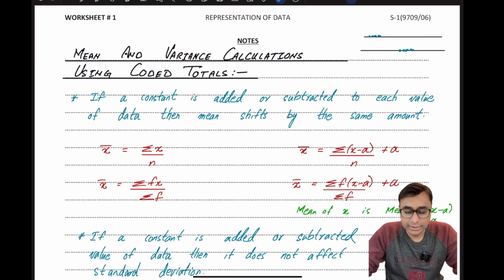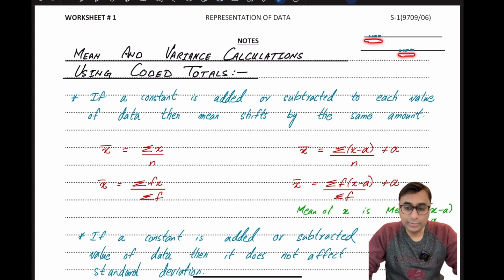Now the other thing that I would want you to note by this number line is that if a constant is being added to every value of data, the scatter of this data about its mean is the same as the scatter of this new data about its own mean, which means that the measures of spread of this data and the measure of spread of this data are the same.